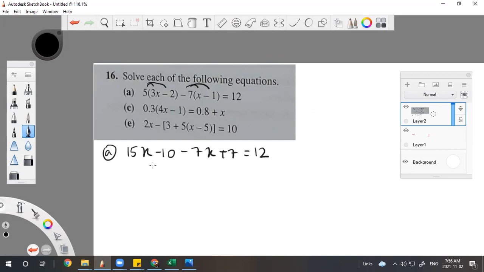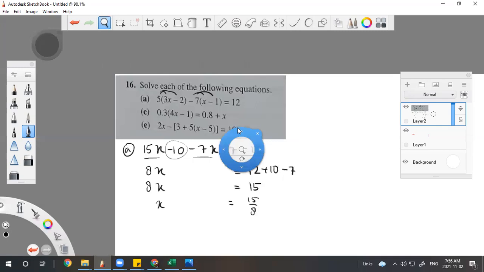So 15x minus 7x is, just collect the like terms. 8x equals 12, minus 10 becomes plus 10, minus 7 becomes plus 7. So 8x will equal 22 minus 7, 15, right? So x will be 15 over 8, that's all.